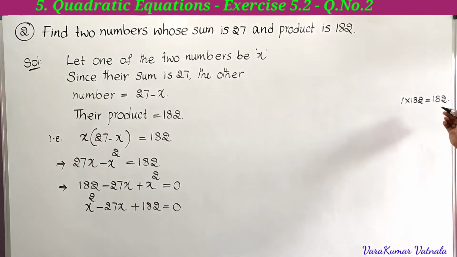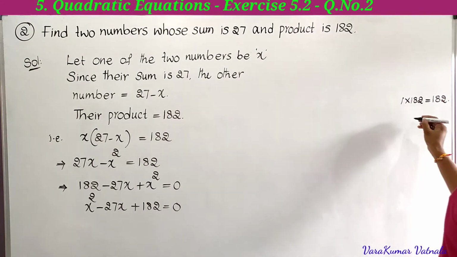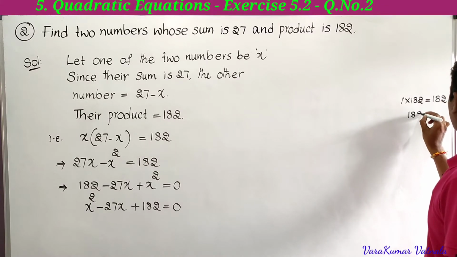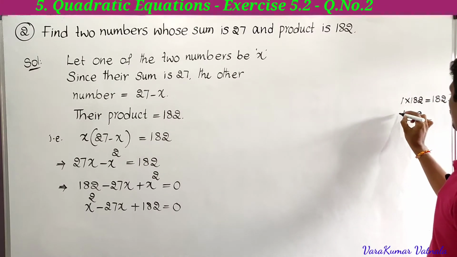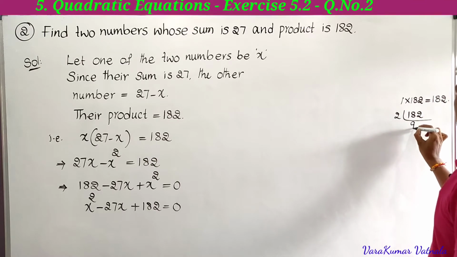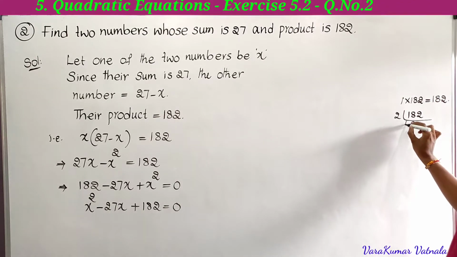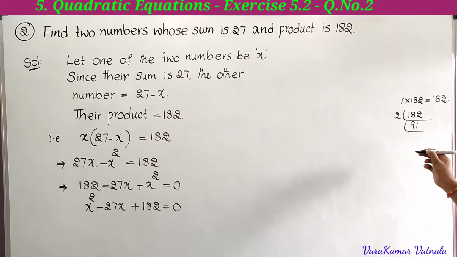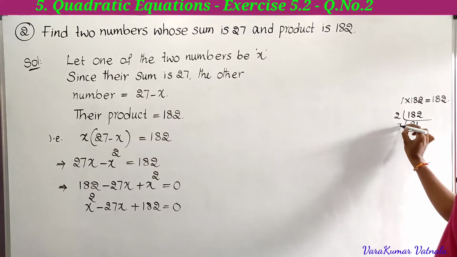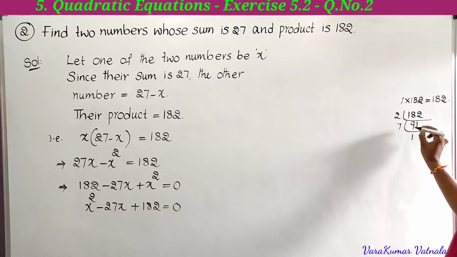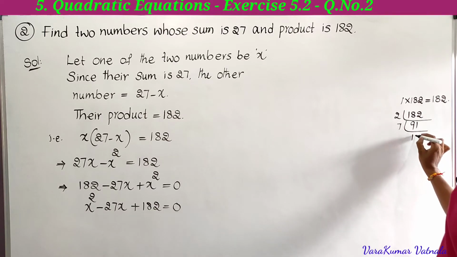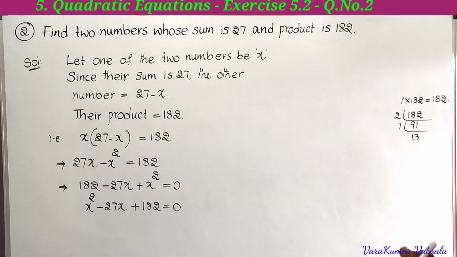Resolving 182 into factors: divide by 2, 2 nines are 18, 2 ones are 2. It is not divisible by 2 or 3 but divisible by 7: 7 threes are 21. Checking, 2 into 91 is 182, but 2 plus 91 is not equal to minus 27.